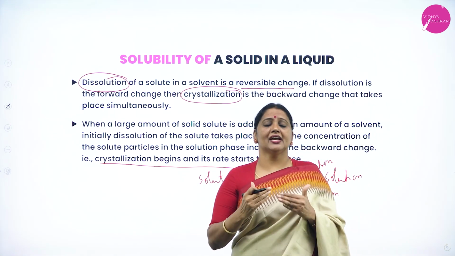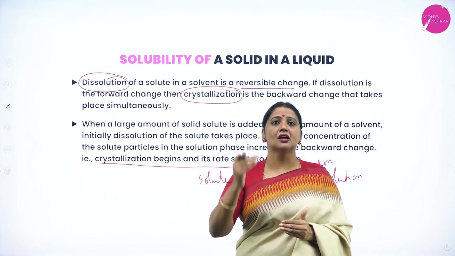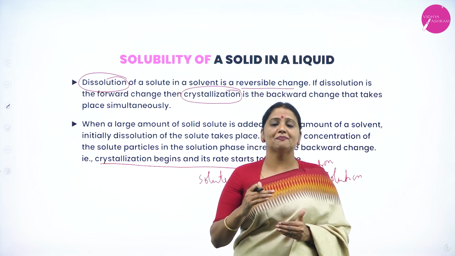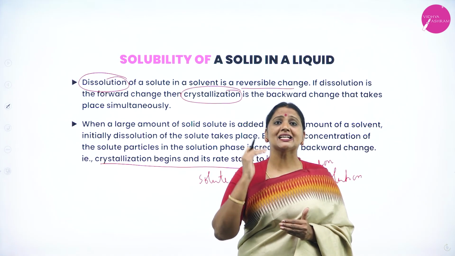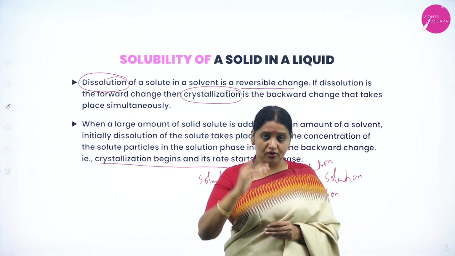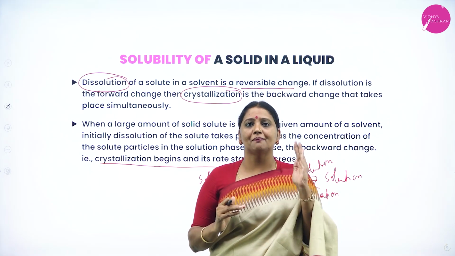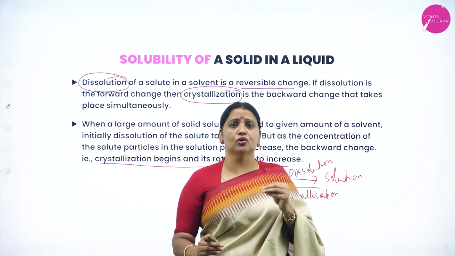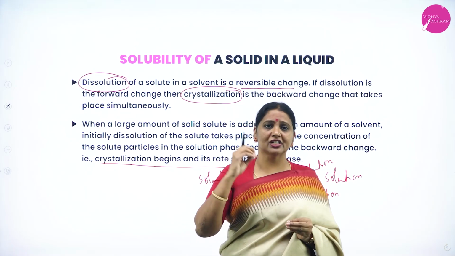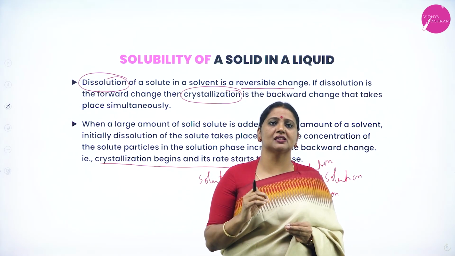Usually in the process, first dissolution takes place. As it goes on, from the backward side, crystallization takes place. Therefore, the solubility of a solute in a solvent is an example of a reversible change.